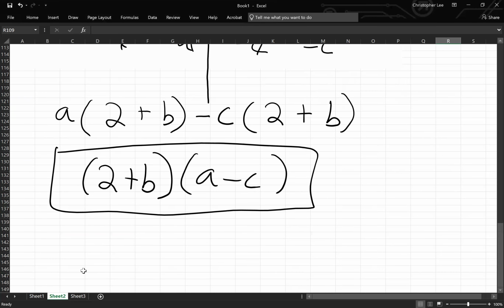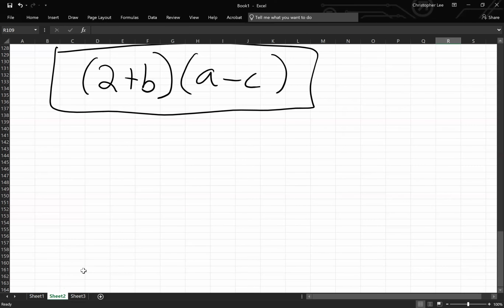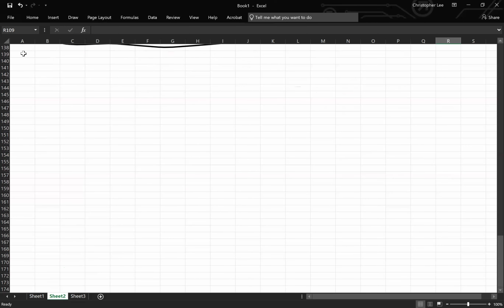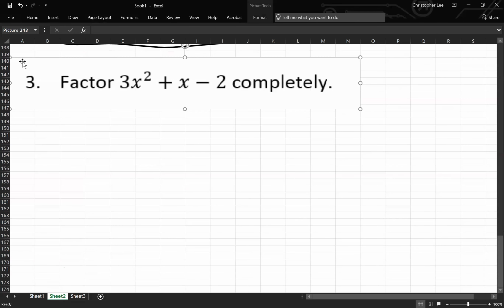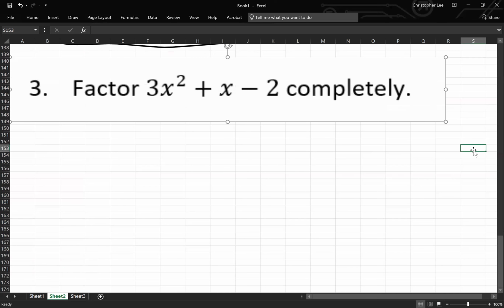So I want to get a little feel for the room real quick. Same game, right? I want to factor completely. But I have a couple of ways that we could do this. So let's talk rules for y'all individual class. How many people get calculators?